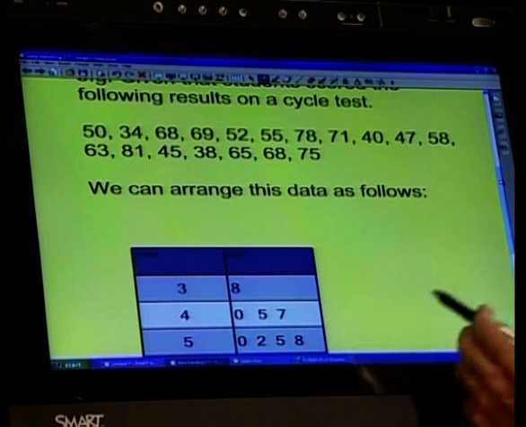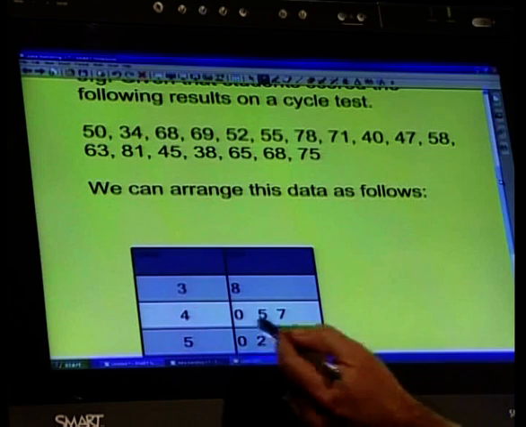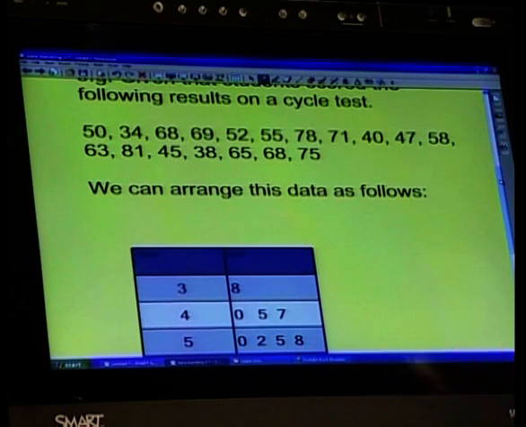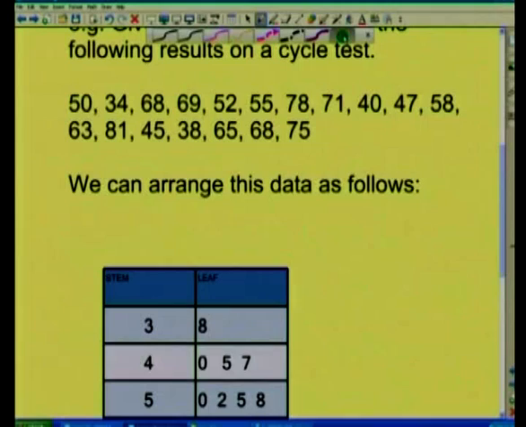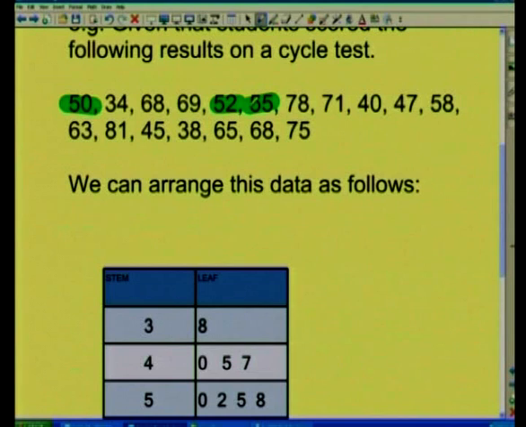Now in this example, there are several values in their 50s. Let's mark them quickly. There's one, there's another, a third, and we have a fourth over here. Notice how we arranged this data on the stem and leaf diagram.